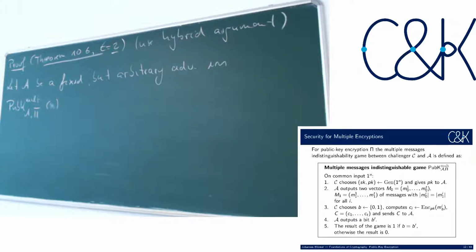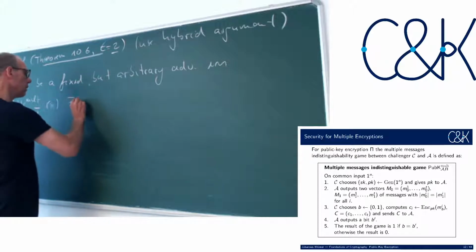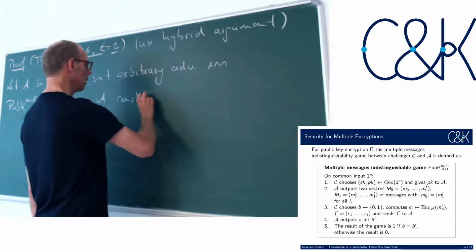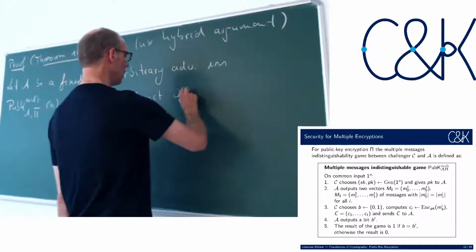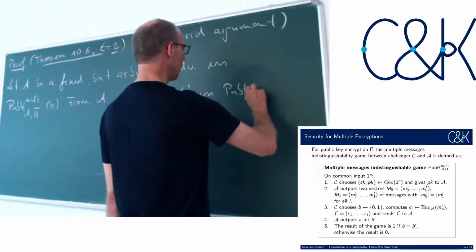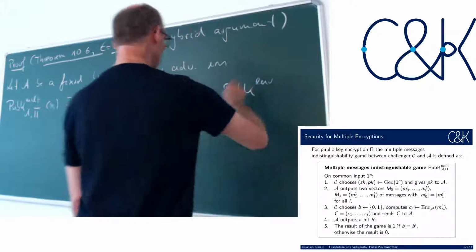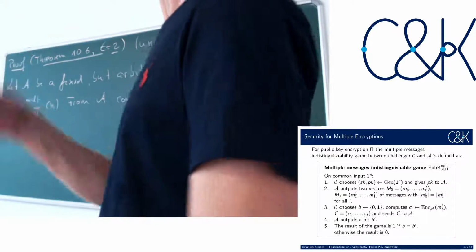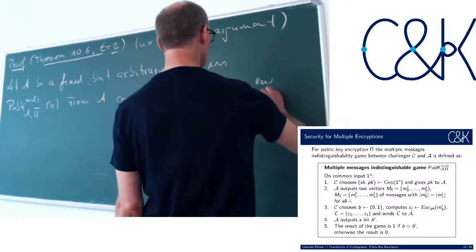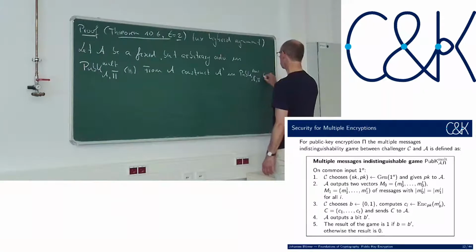And from A, construct A prime. So I use the eavesdropping variant, so no queries needed, against the same scheme.